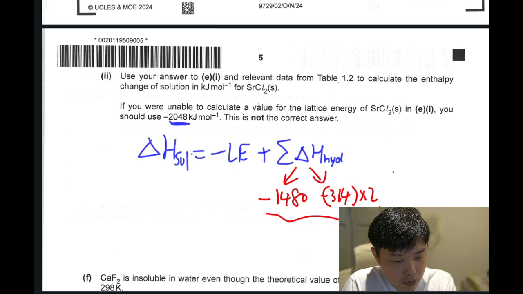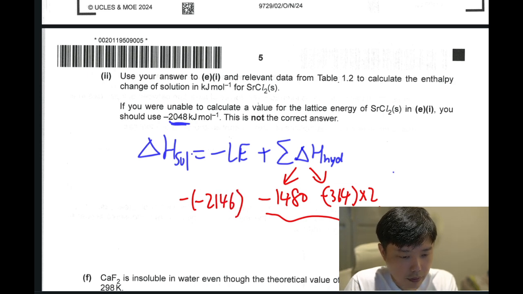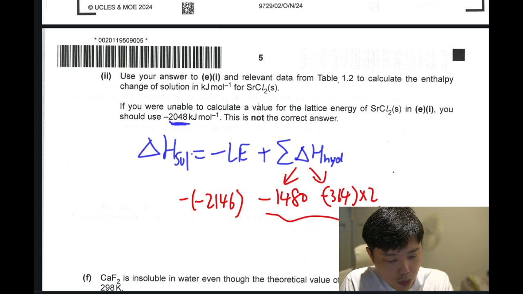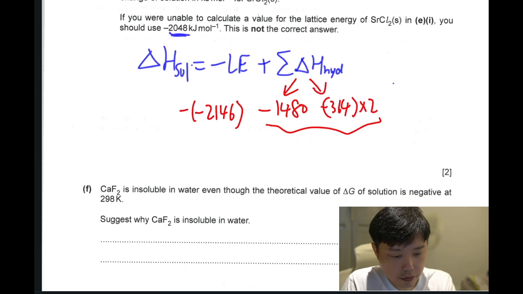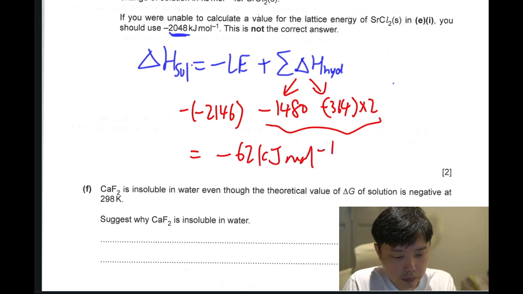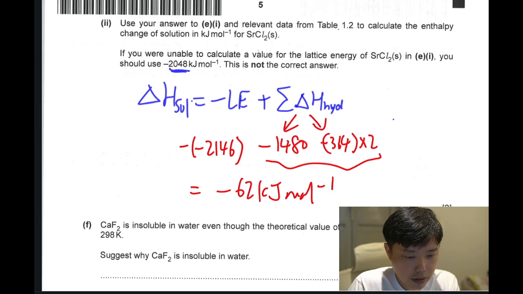And then you put in your negative lattice, negative 2146. Okay, so you add the whole row up, you should get a value of minus 62 kilojoules per mole. Okay, so that is the enthalpy change of solution, so it is still negative, feasible.